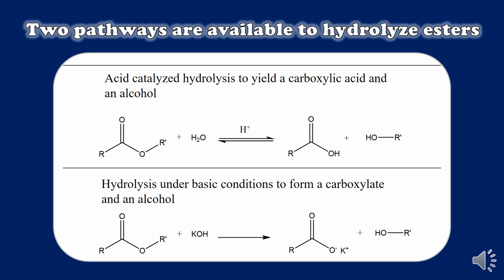And when you do, what you'll realize is that the final step of the process is irreversible, which means that as long as we have enough base present, we can 100% quantitatively hydrolyze an ester to form the carboxylate salt and alcohol. This is one of the reasons why the hydrolysis under basic conditions of an ester, or saponification, is one of the earliest known chemical reactions used by society.